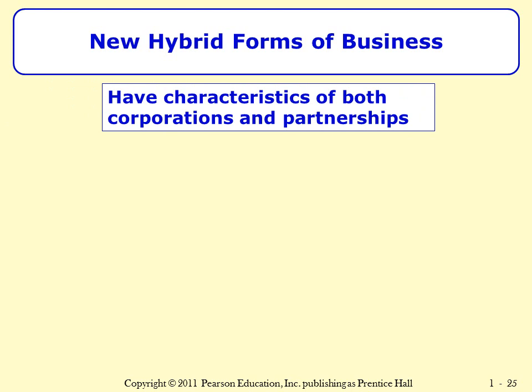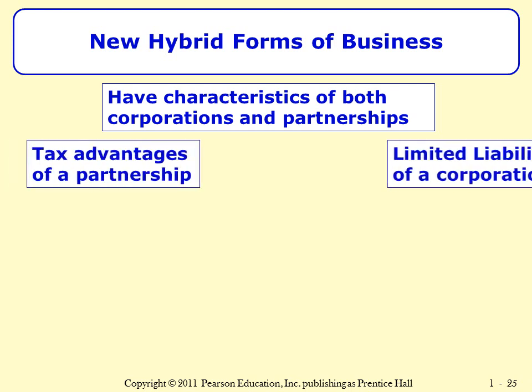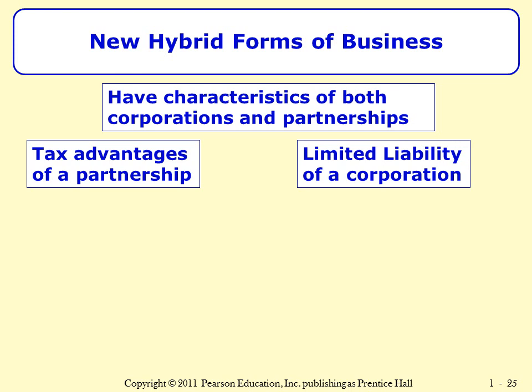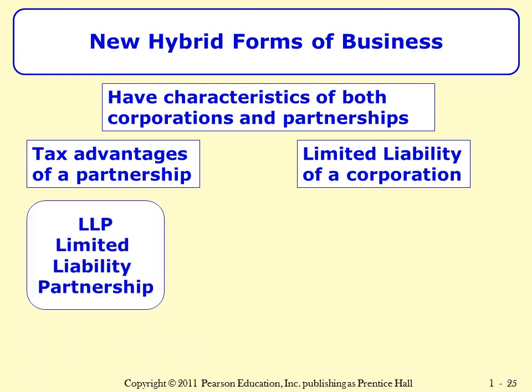There are other forms of business, in addition to those older kinds, that can have characteristics of both corporations and partnerships. They have the tax advantages of a partnership, which is the flow-through, meaning it's not taxed at the partnership level, but only at the individual level. And it has the limited liability of a corporation.